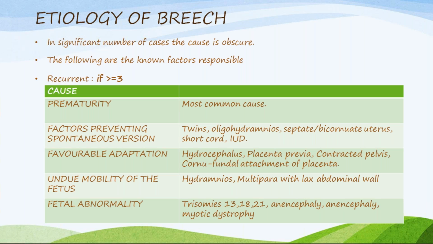Another is anencephaly. So for etiology, you'll see all these things: oligohydramnios, bicornuate uterus, sometimes short cord, hydrocephalus, placenta previa. Because of the abnormal inside shape of the uterus, the baby will occupy a breech position.